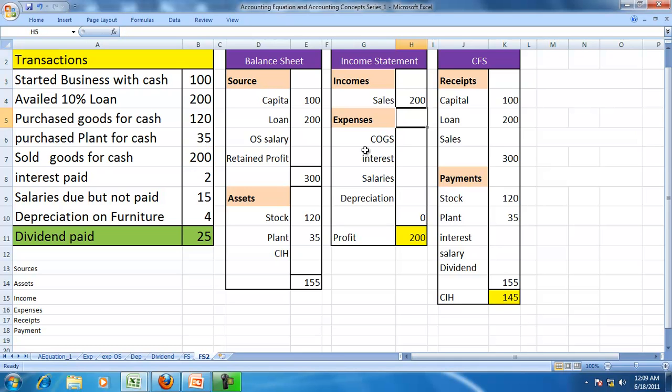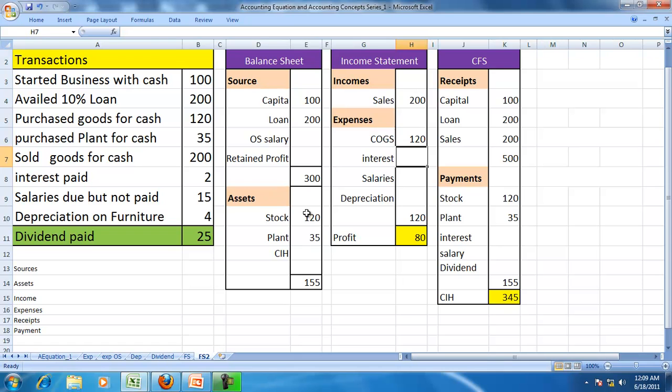And whenever there is a sale, you have to ask whether it's for cash or credit. It is for cash. So there is a receipt to that extent, and that is an income as well as a receipt. But whenever there is a sale, there has to be a corresponding cost, which is called cost of goods sold. We are selling the entire goods, so cost of goods sold is 120.